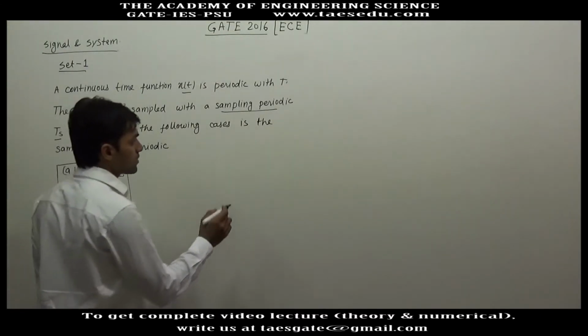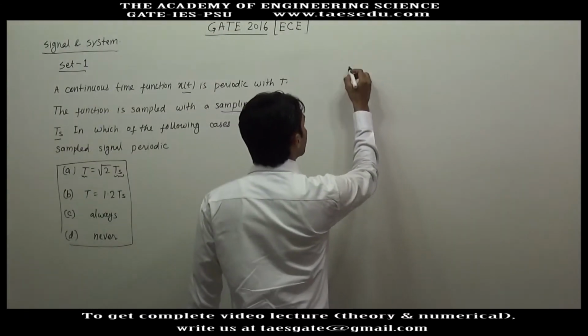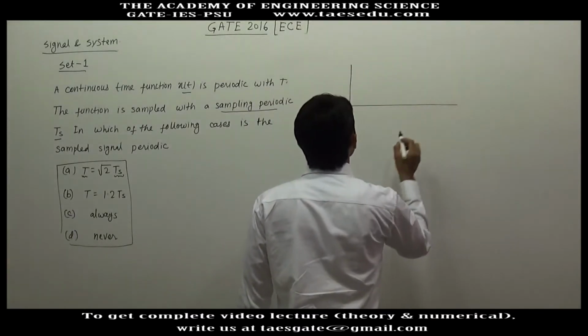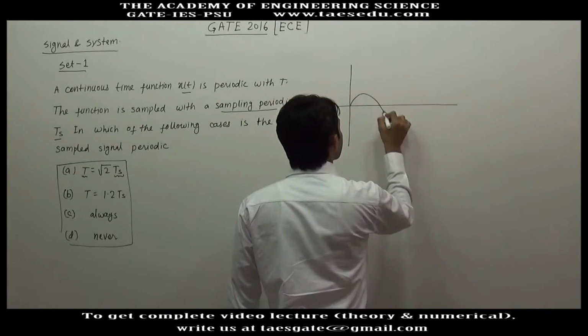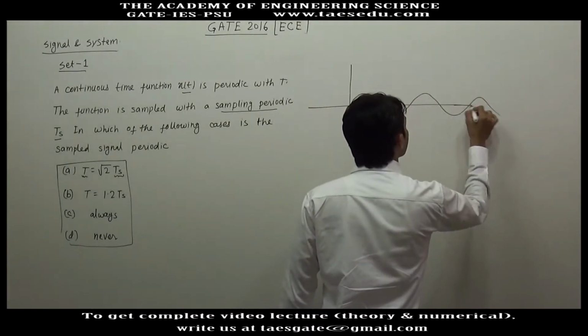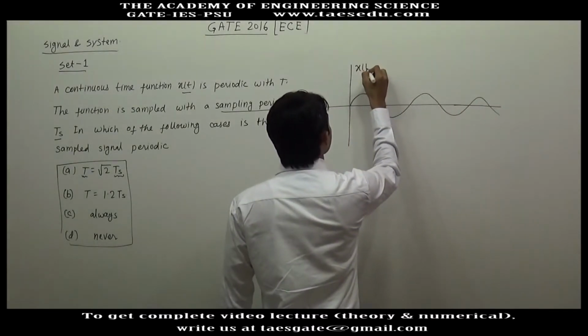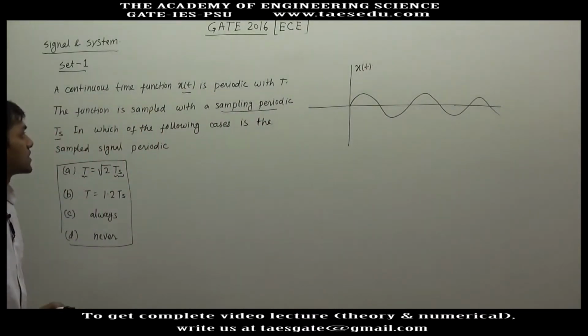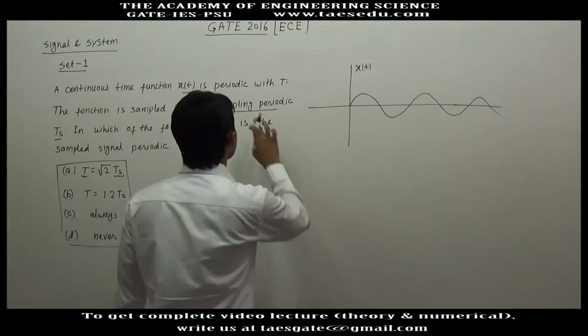So let's say we have a periodic signal x(t), let us take a sinusoidal signal. This is a periodic signal x(t), and it is sampled with sampling period of Ts.